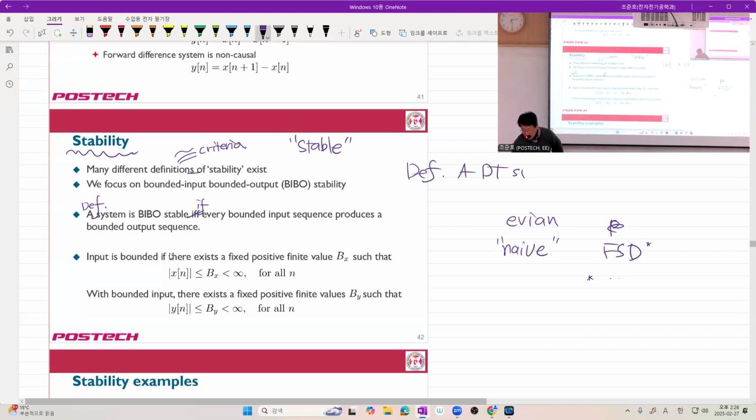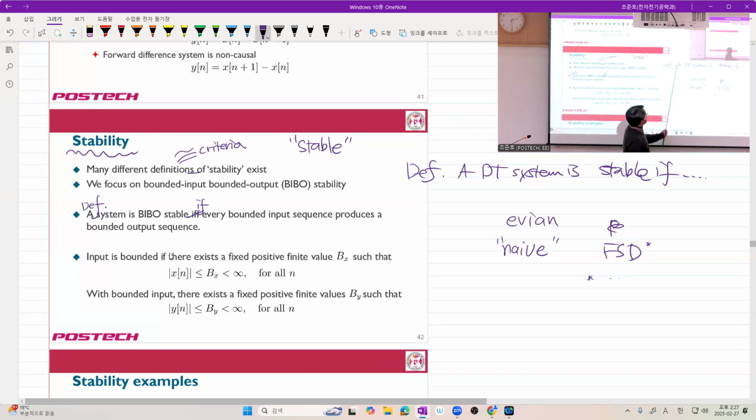You define it. And you say that, okay, here goes the definition. A DT system is stable if blah, blah, blah. And of course, even though this word already has many, many meanings, just forget about that. The definition is solely determined by the following statement. But you don't want to arbitrarily choose when you invent this new definition.